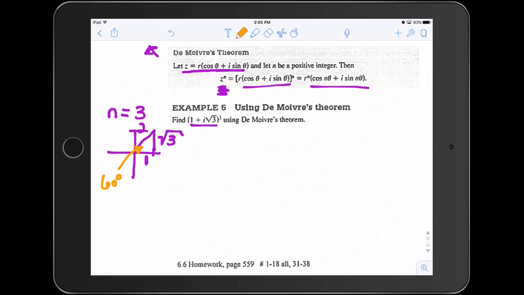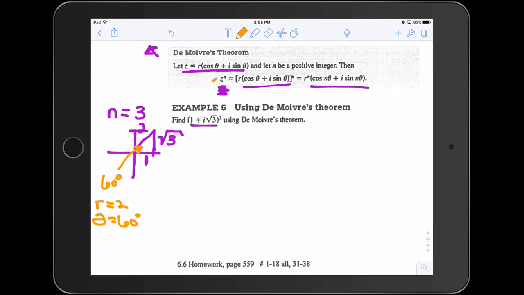What I have here is a radius of 2 and a direction angle theta of 60 degrees. You keep going radius and direction angle over and over again, which is consistent with what we've been doing throughout this whole chapter.